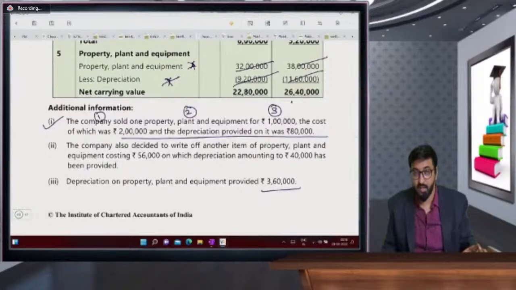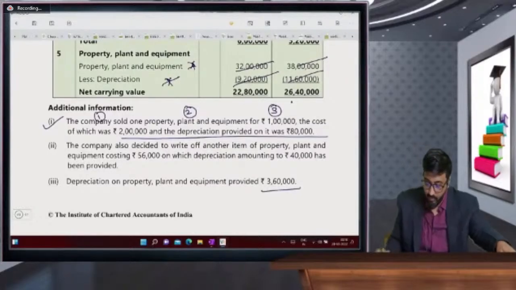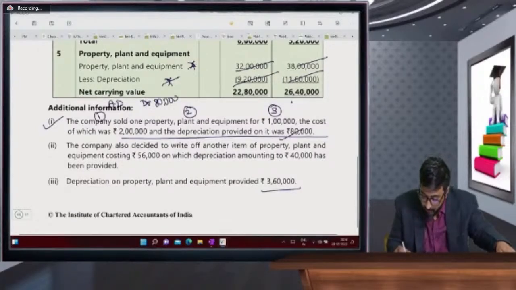First entry, fast. Accumulated depreciation we are going to cancel 80,000 to PPE 80,000.